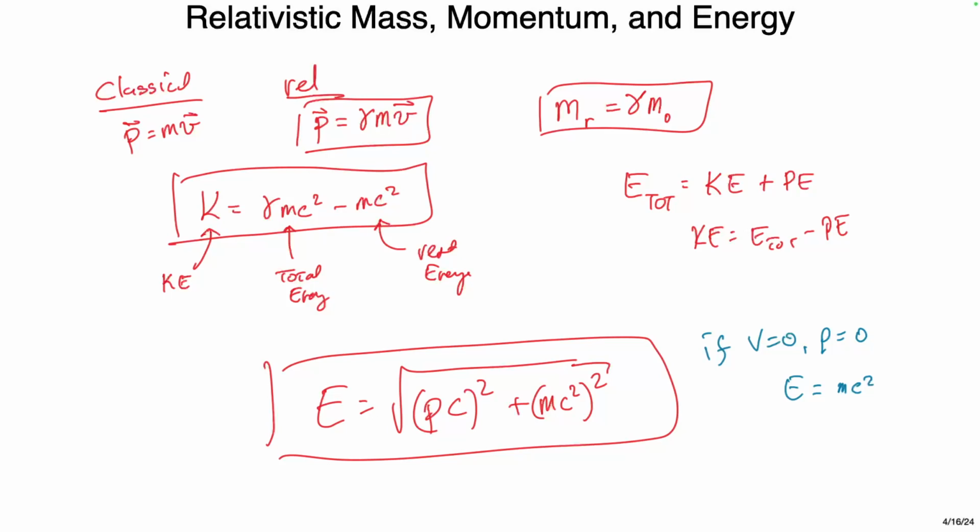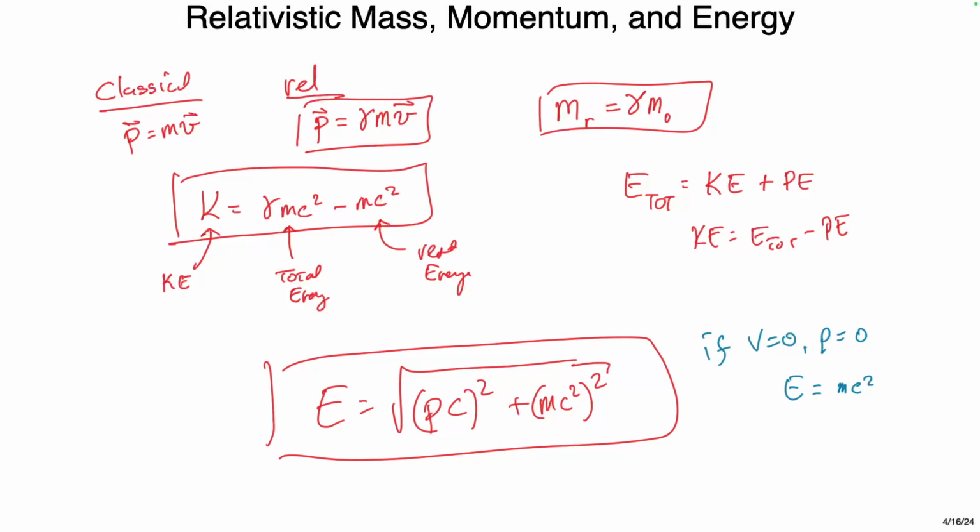E equals mc squared happens when an object isn't moving. If it is moving, then we've got to go figure out what its momentum is, and we've got to add on pc, and we get the actual energy. But for an object at rest, for this bottle at rest, it has energy equivalent to its mass times the speed of light squared.